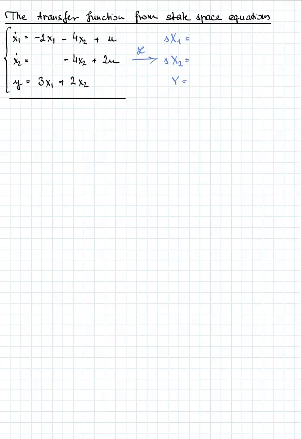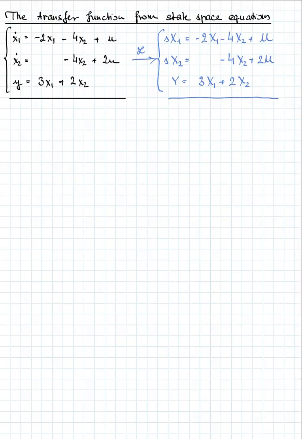I use capital letters because of the transforms. And I just copy the right hand side: minus 2x1 minus 4x2 plus u, minus 4x2 plus 2u, and 3x1 plus 2x2. So these are the equations in the Laplace transform space.